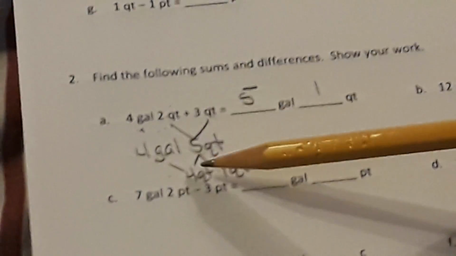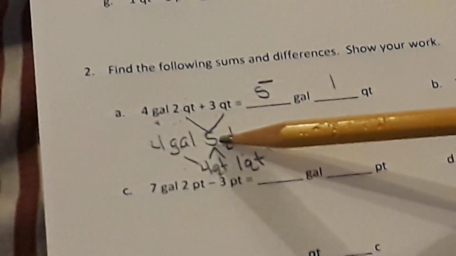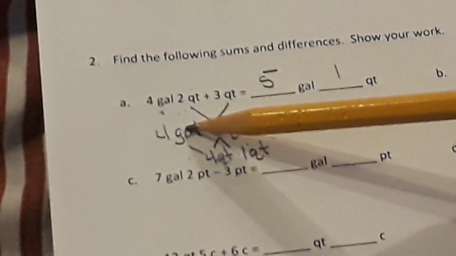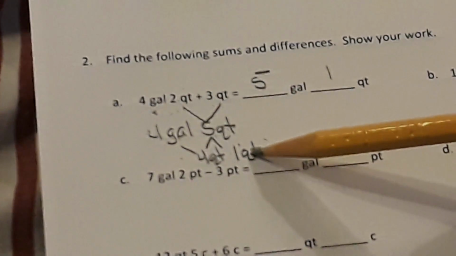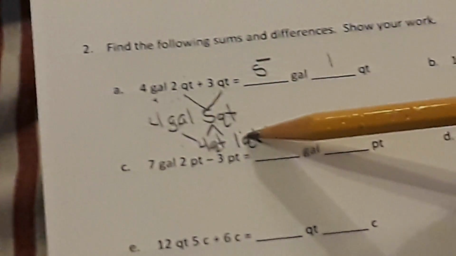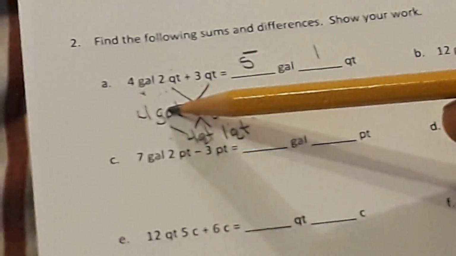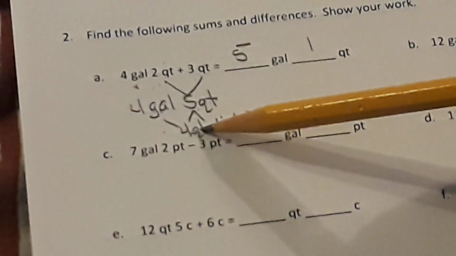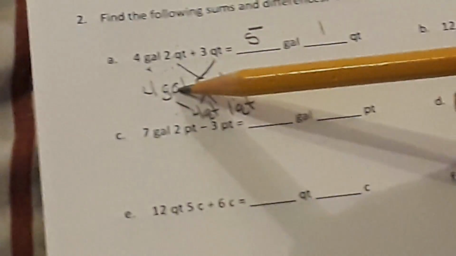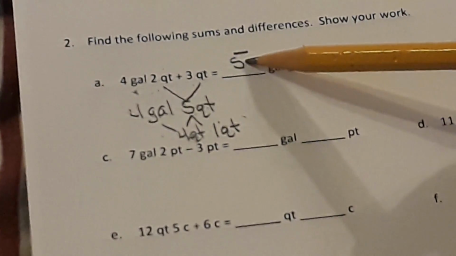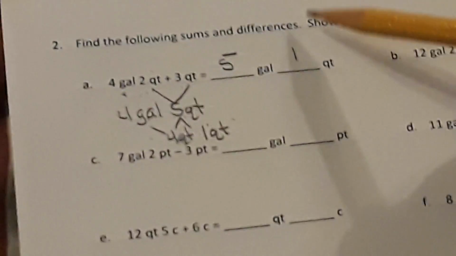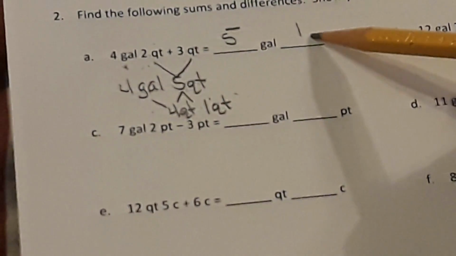But since I know that I can get 4 quarts out of this 5 quarts to make 1 more gallon, I'll have 1 quart left over. So that gives me the 4 gallons that we started with plus the 4 quarts that becomes 1 gallon for 5 gallons, and then the 1 quart that we have left.